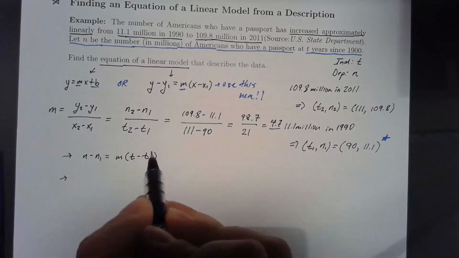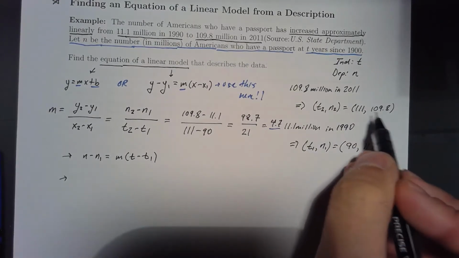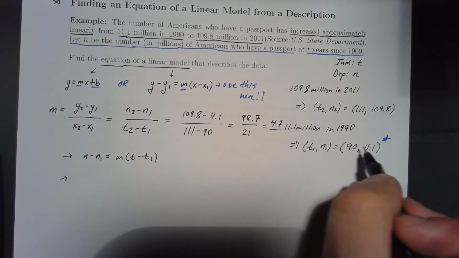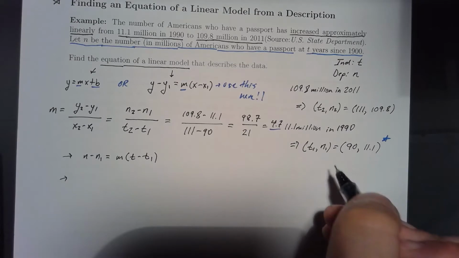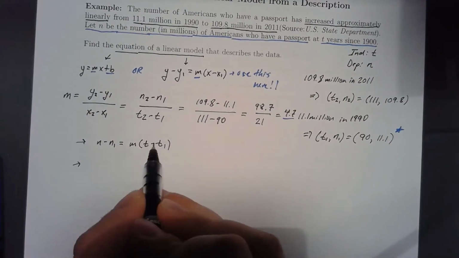Now with the n1, you're just going to replace it. This n1 and t1 doesn't necessarily mean this ordered pair. It could mean this one. Don't confuse that. It just happens to be the point I'm picking, but it could be this one. That's fine too. That's just where you're going to substitute the coordinate values.